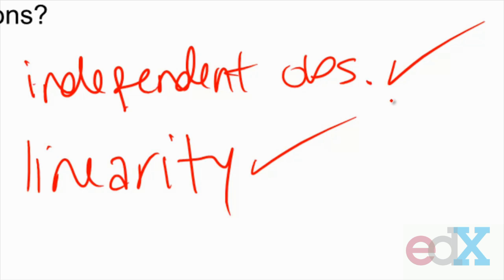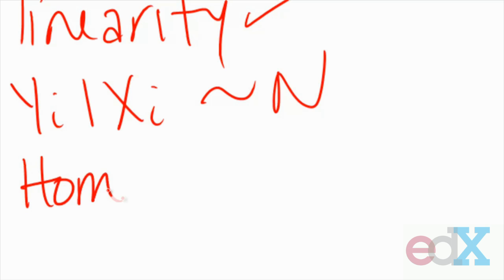The next two assumptions are the ones that are a little bit hairier to try to interpret in practice, but we can do it. The first is that yi given xi, so the outcome given the covariate, is normally distributed. The next assumption we need to make is homoscedasticity.